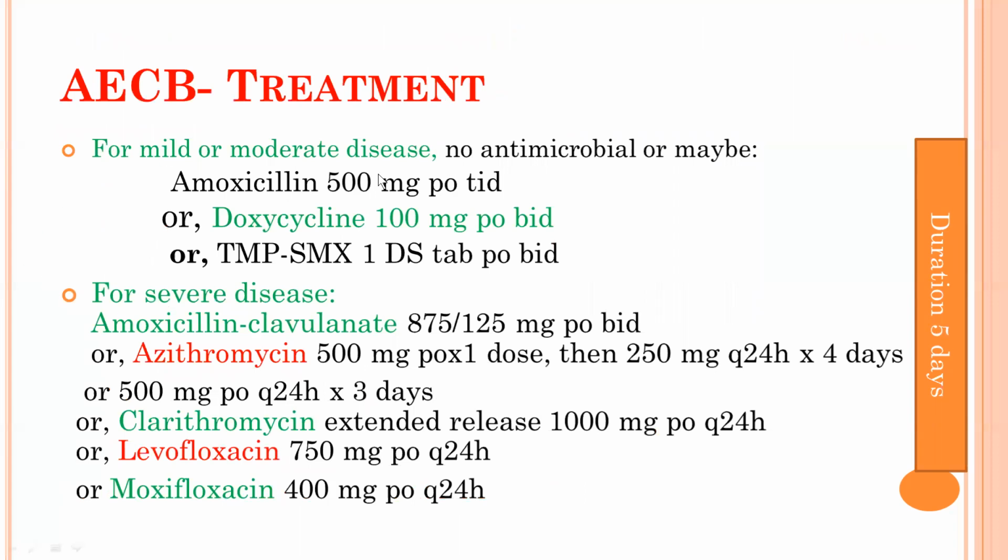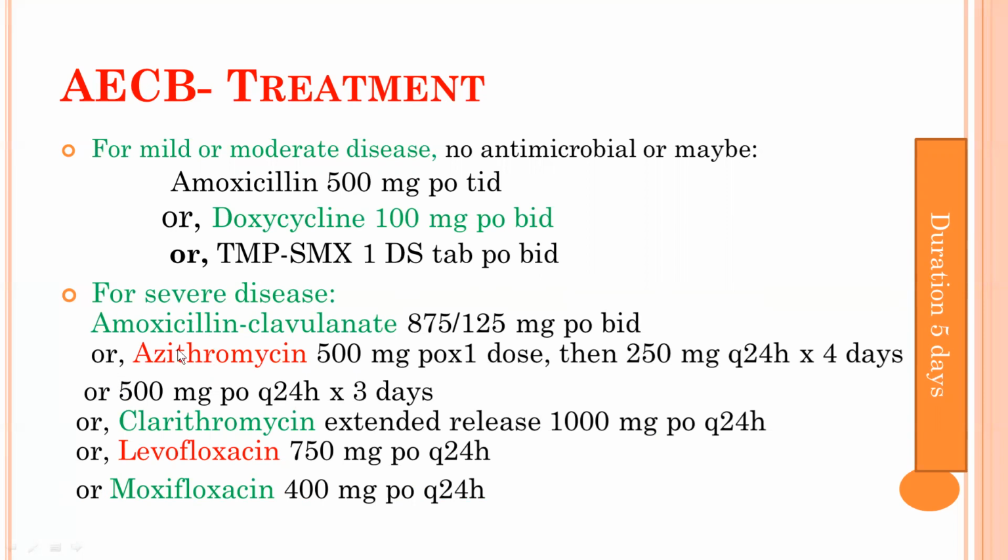For mild to moderate disease, no antimicrobial, or maybe amoxicillin 500 milligram thrice daily, doxycycline 100 milligram twice daily, or cotrimoxazole one double strength tablet twice daily, and duration is 5 days in all cases, not more than 5 days.